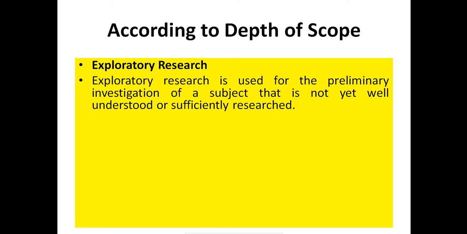For example, we use the term explorer for, say, Columbus or Vasco da Gama. Columbus was an explorer. When he started from Europe, he was trying to find a sea route from Europe to India, and he started exploring.